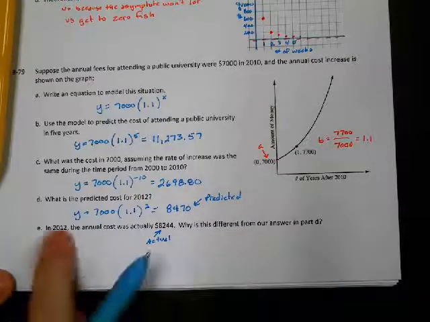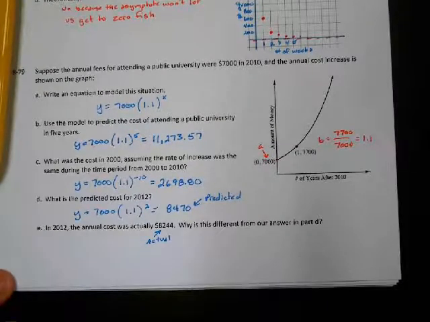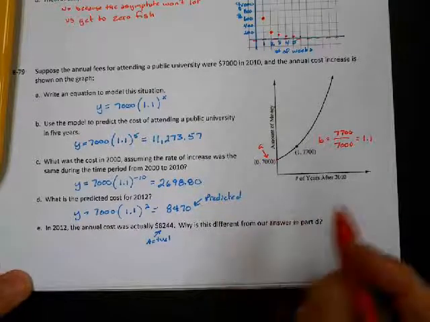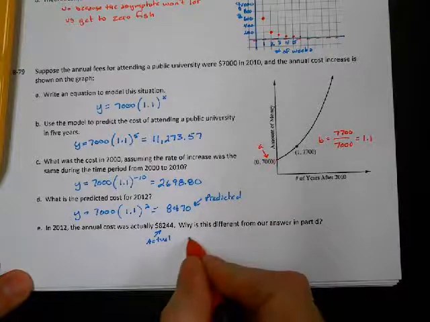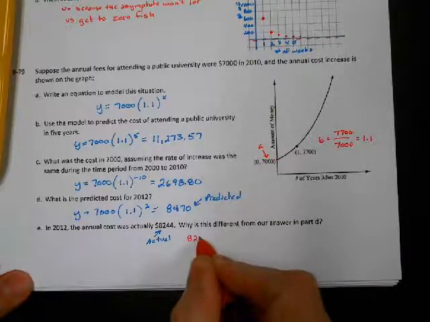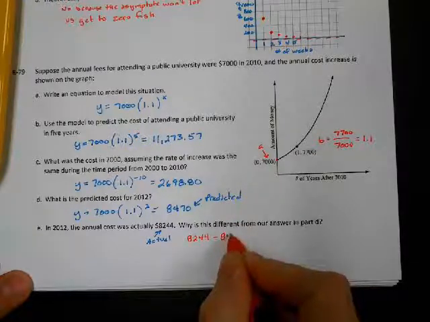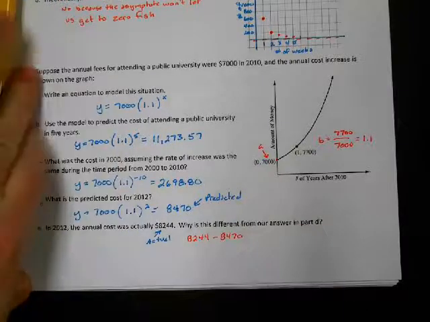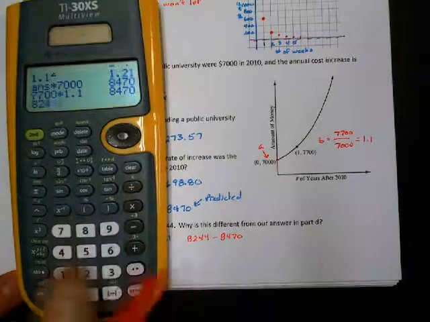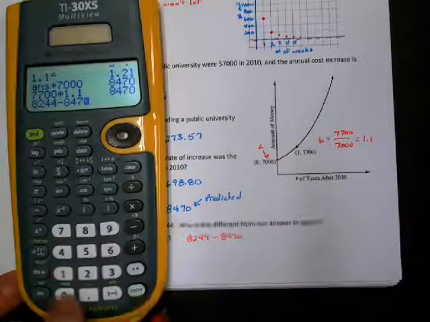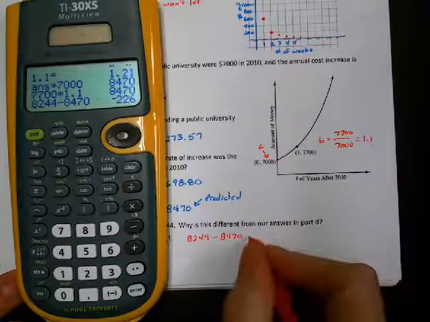Because there was a residual. Remember residuals? Yeah, here they are again. So what we do with residuals is we do actual minus the predicted. So if I do 8,244 minus 8,470, we get a negative residual. The residual is negative 226.